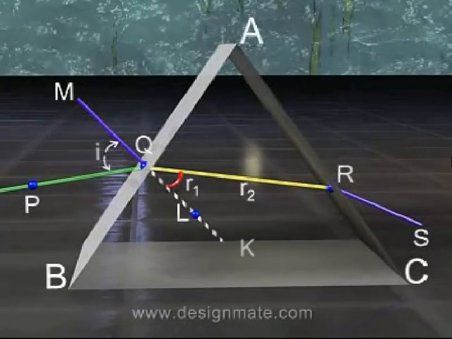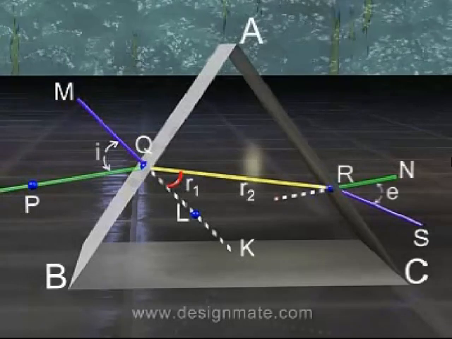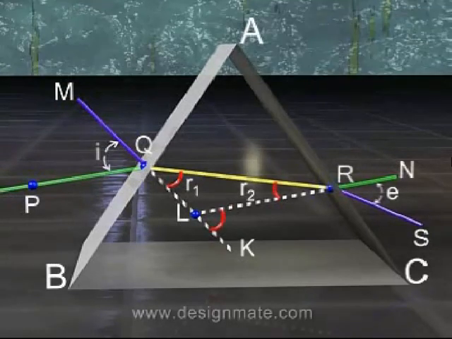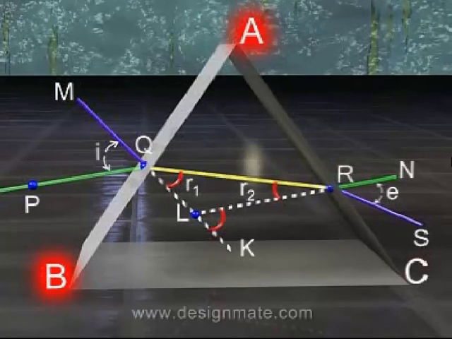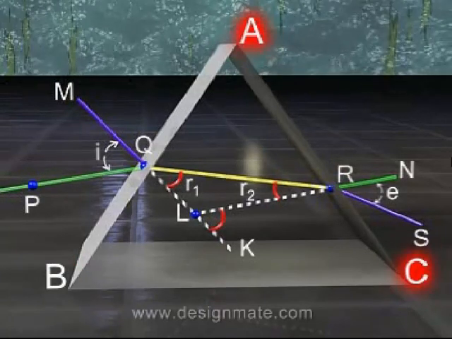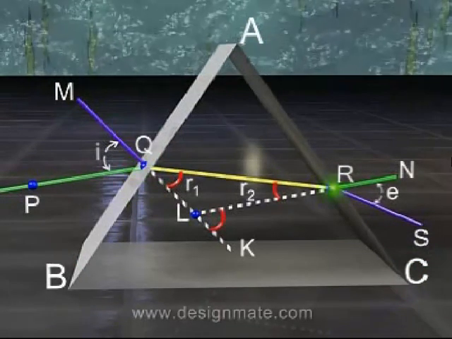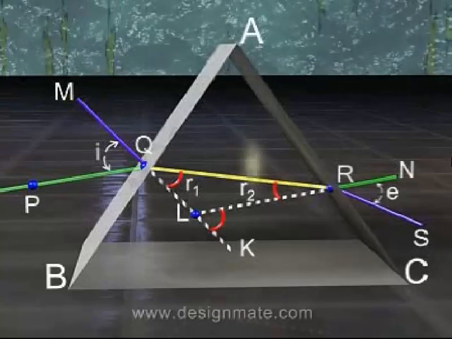MQL and NRL are the normals drawn to surfaces AB and AC at points Q and R respectively.